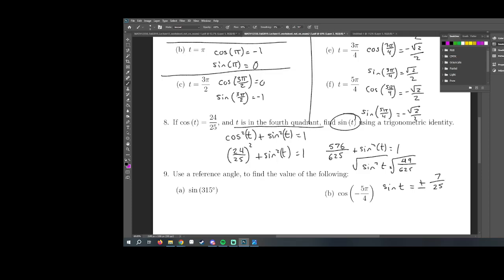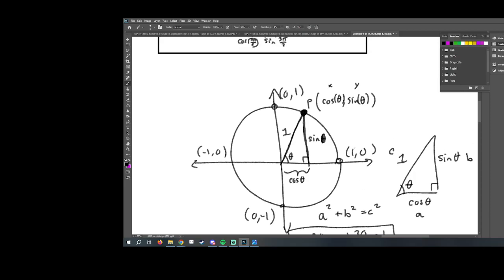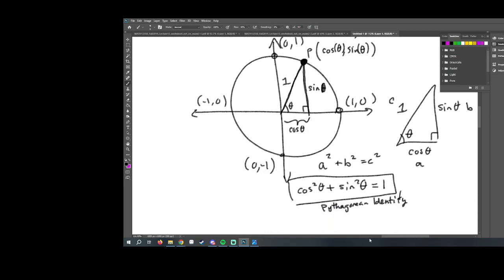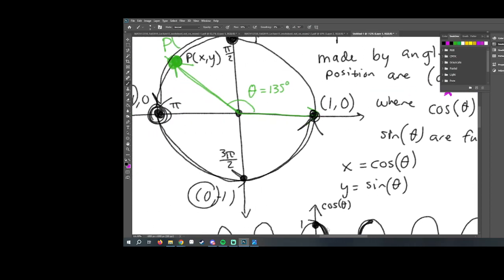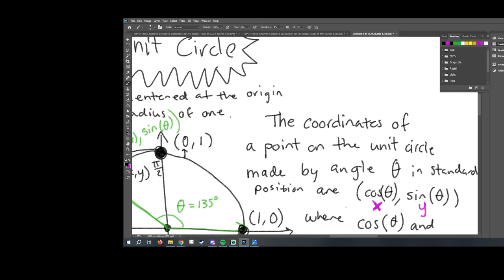Now here's where t is in the fourth quadrant comes in. There's two possible answers, but only one of them is right for t being in the fourth quadrant. T is in the fourth quadrant, right? So that means that x is positive and y is negative. I had that in our old unit circle diagram over, did I erase it?